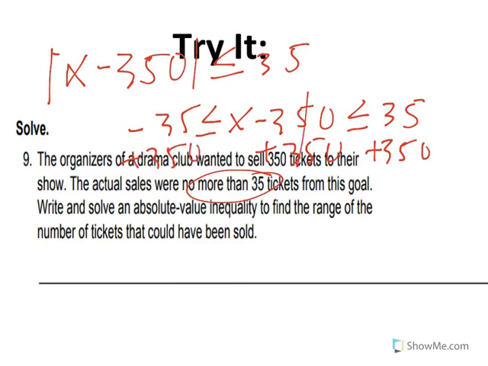Right, so that reduces to x, greater than or equal to 350 minus 35, which is 315, and less than or equal to 385. So the range for x is between 315 and 385, including 315 and including 385.